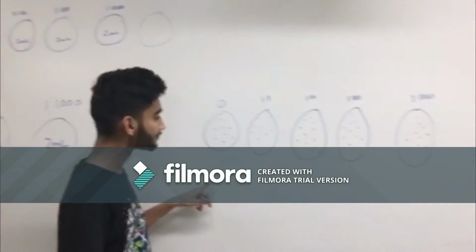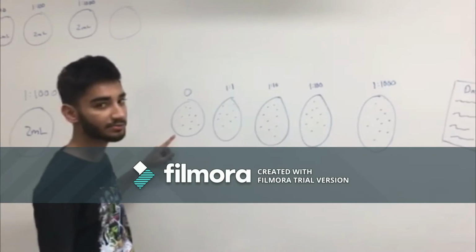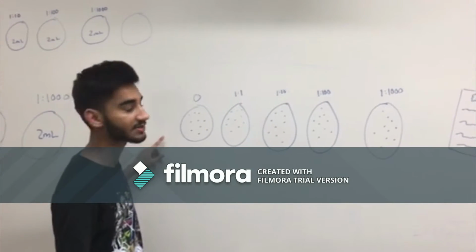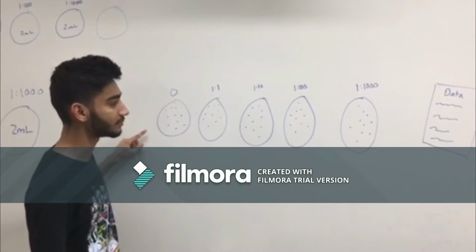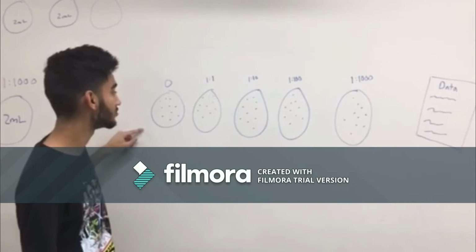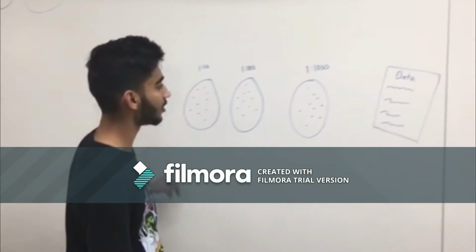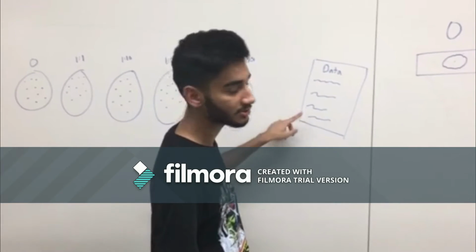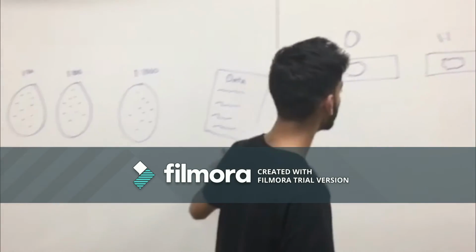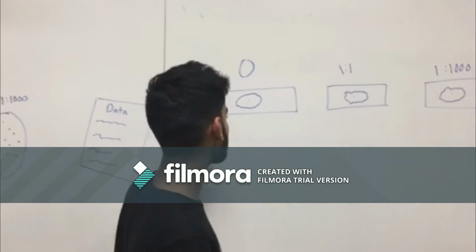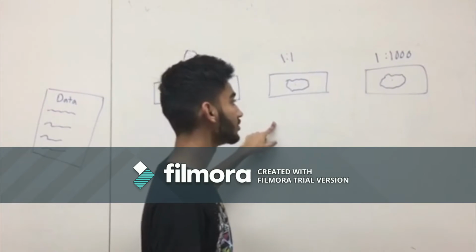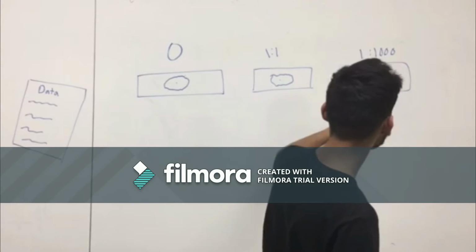Over here, each well contains 10 brine shrimp. Each well is then placed under a dissecting scope where the live amount of the brine shrimp is counted. From there, all observations are recorded into your notebook. After doing so, 1 shrimp is extracted from the 0 petri dish, as well as the 1-to-1 and 1-to-1000.